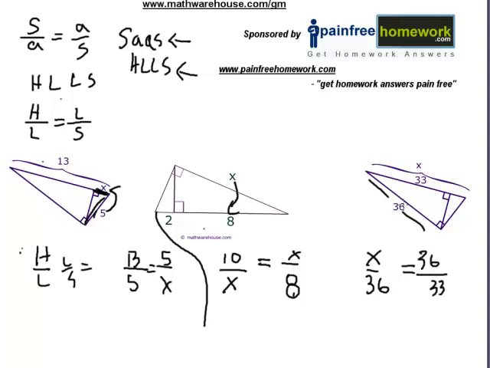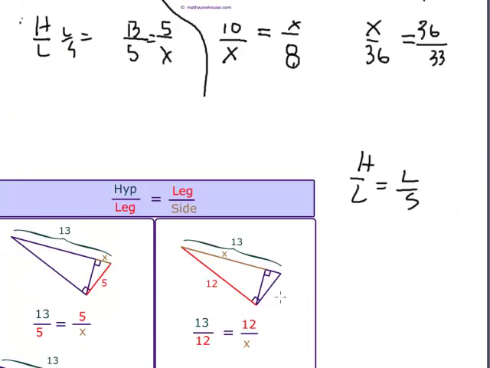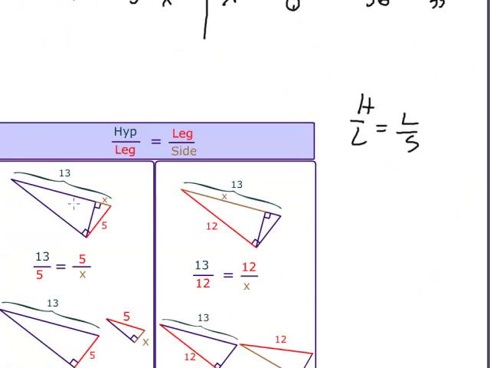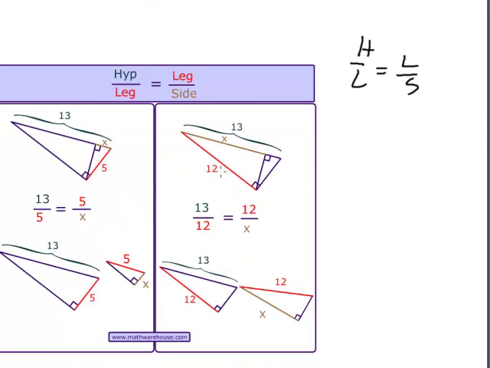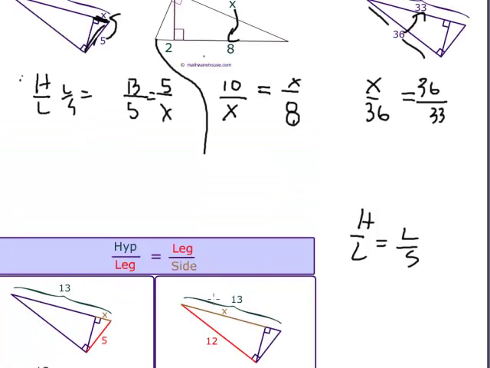Remember, the side is always right next to the leg. So if the leg is here, the side is there. If the leg is here, the side is 8. It's not 2, because 2 is far away from the leg that we're dealing with. And again, just to remind you, HLLS just goes back to these similar triangles, and if you match up their corresponding sides, the proportions always work out this way. Alright, once you get the proportion set up, it's just like the prior problem.